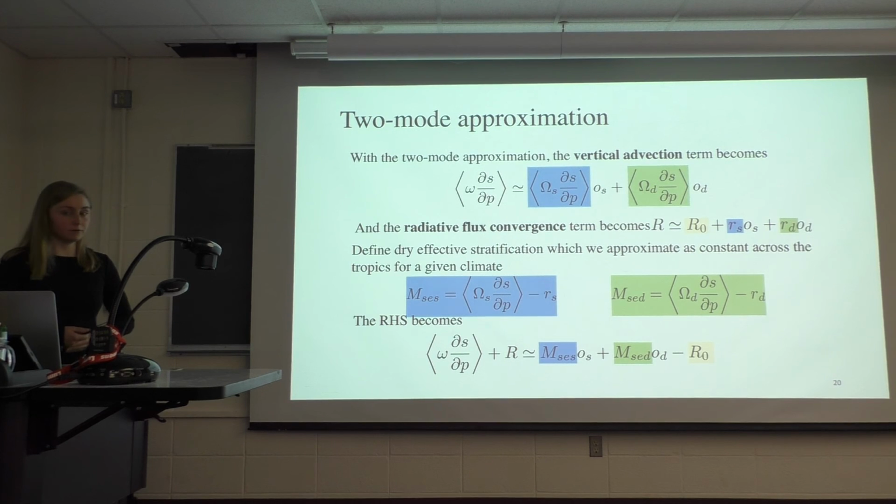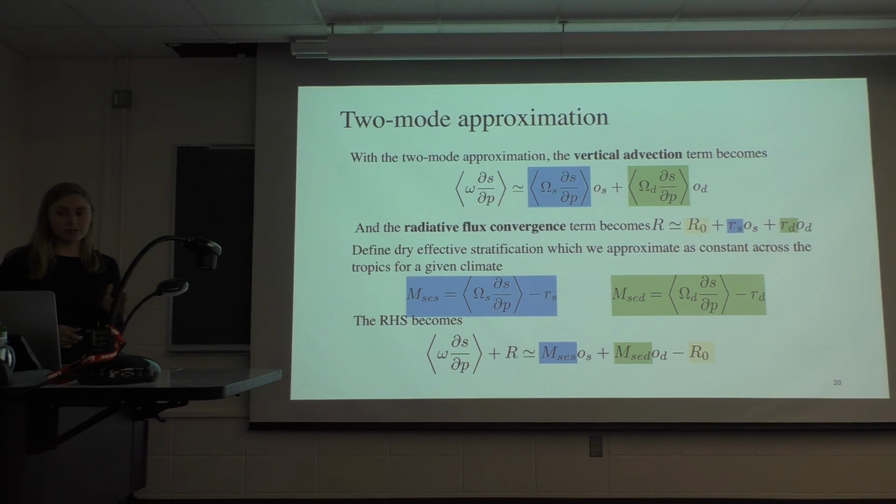Okay, so I'm going to pause here. What we've done is we've taken the dry static energy budget, we've kept the vertical advection term and the radiation term, and we've applied this two-mode approximation to both of those terms. Here's that vertical advection term, here's that radiation term, and this was the right-hand side of our equation before.